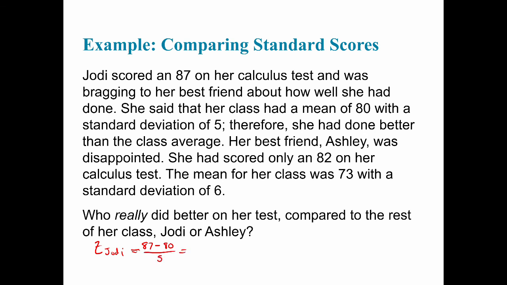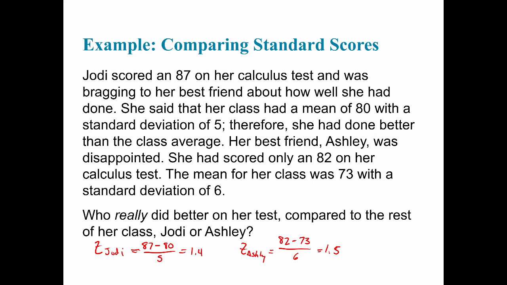So Jody's z-score then is 1.4. And if we calculate Ashley's z-score, her score on the test was an 82, so that's our x. The mean was 73, and the standard deviation is 6. So we calculate her z-score, and we get 1.5.